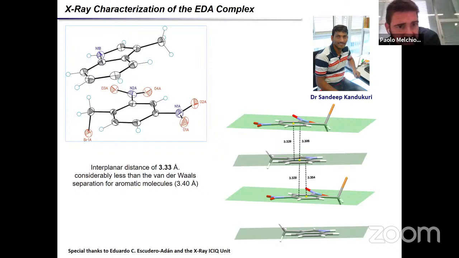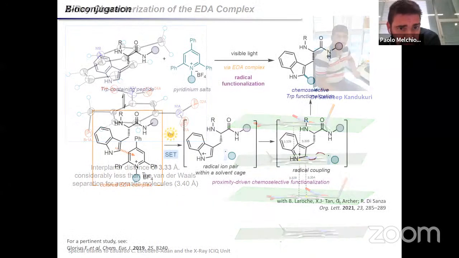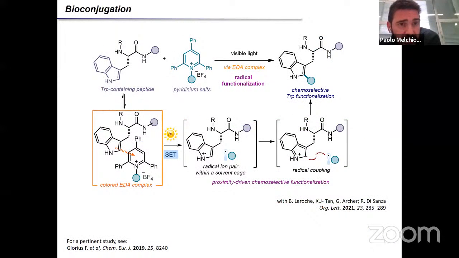Now, moving on from this study, we learned that indoles are electron-rich enough to engage in EDA complex formation. Recently, we tried to build upon this knowledge to come up with a sort of chemoselective functionalization of tryptophan-containing peptides. In particular, the idea was that the indole nucleus within tryptophan can engage in EDA complex formation with an electron-poor Katritzky salt that is known to engage in EDA complex formation.